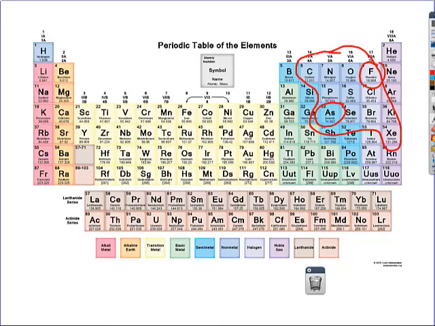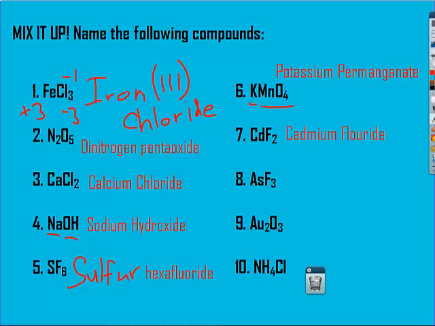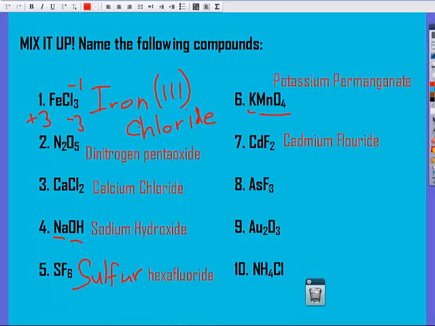Okay? So As with F. This is where we're going to use di, tri, and all that other stuff. Now we only have one As, so we don't need mono because it's the first one. So arsenic. And then I have 3 fluorine, so that's tri. So make sure you put tri. And then it's going to be fluoride.